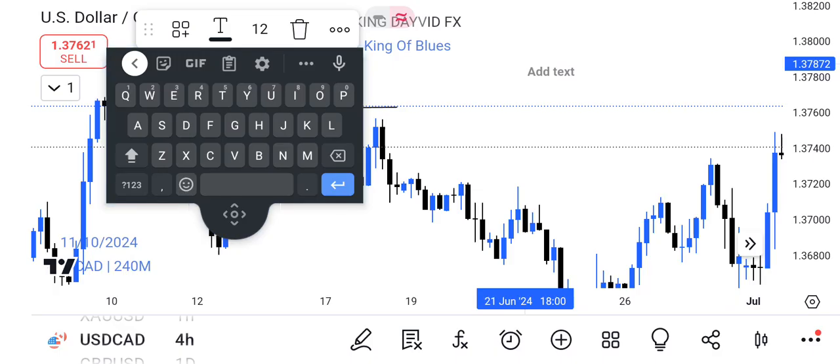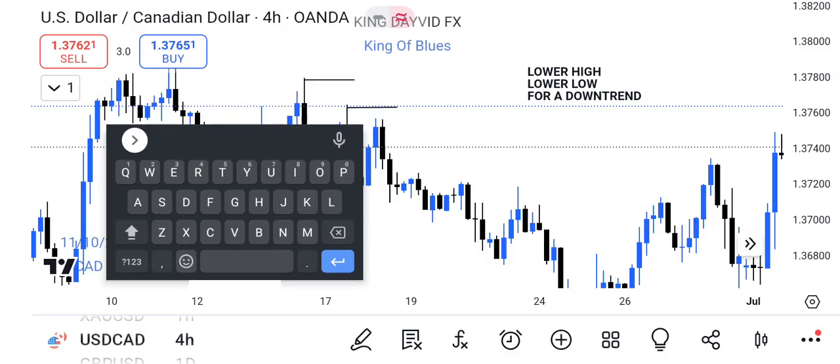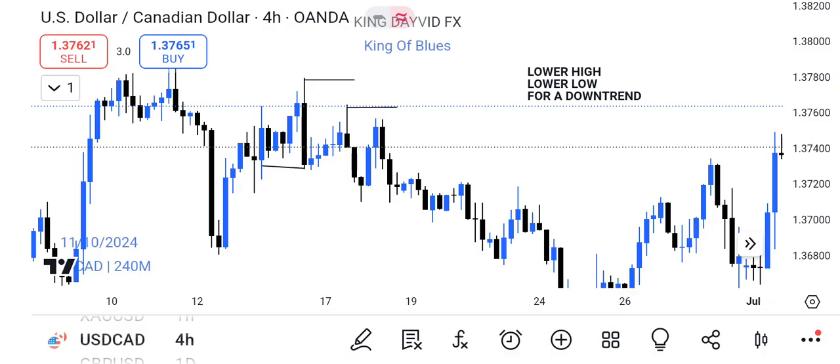What we are doing is identifying lower highs and lower lows for a downtrend.